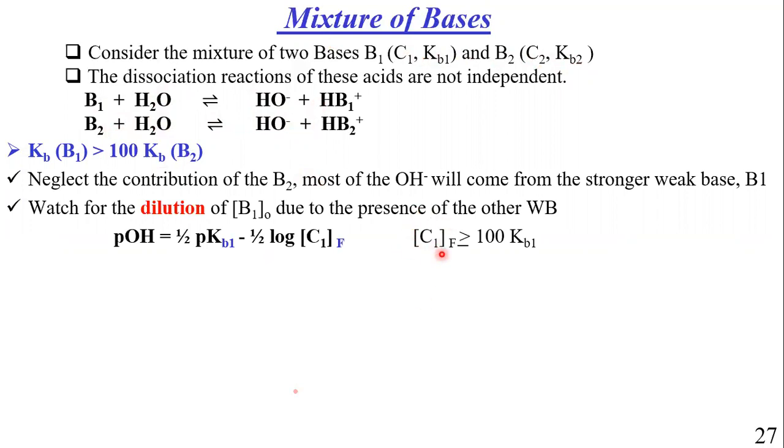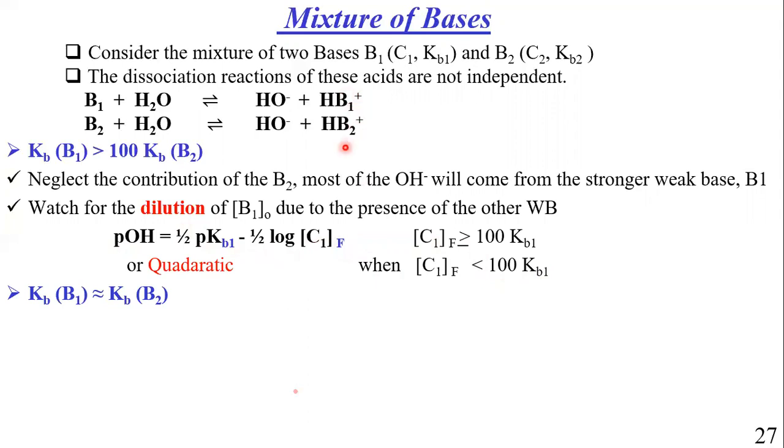First you find the concentration of the stronger of the two bases after dilution, and check if it's greater than 100 Kb. If it is, then simply pOH equals half pKb minus half log of the concentration of that base. Of course, if it's less than 100 Kb, use a quadratic equation. The quadratic comes from that first equation.